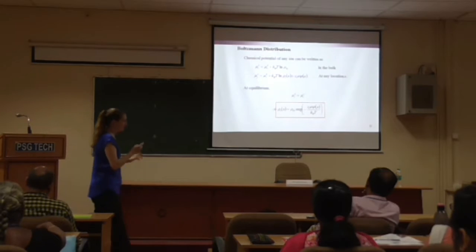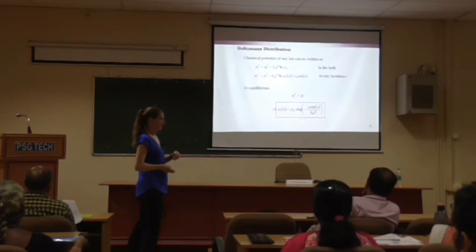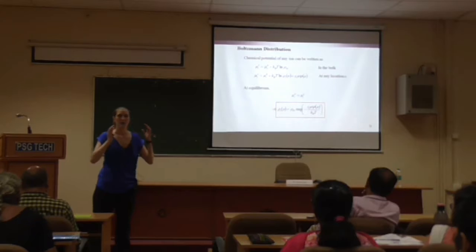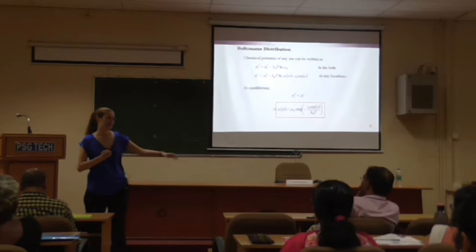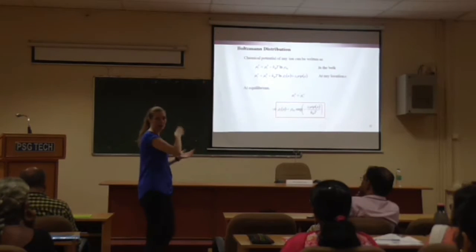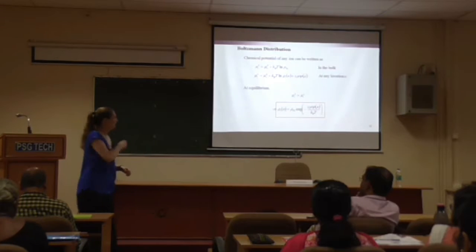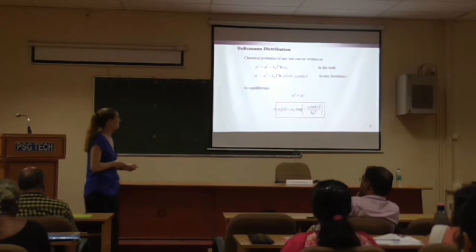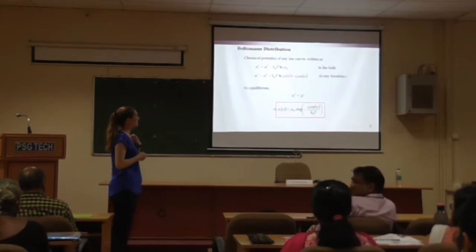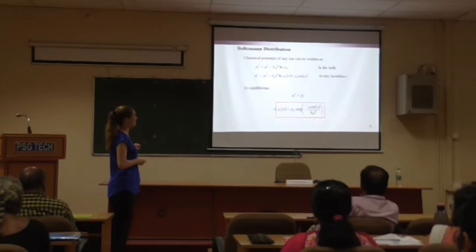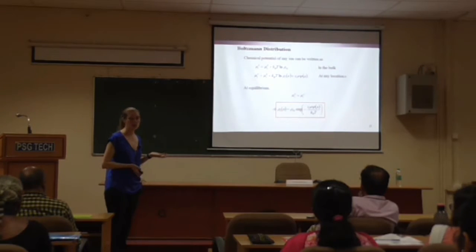Okay, so how is the density of ions determined? If I know my density of ions, then I can calculate all this. The density of ions at equilibrium is defined using what's called a Boltzmann distribution.